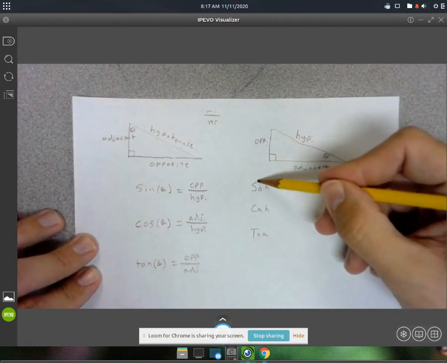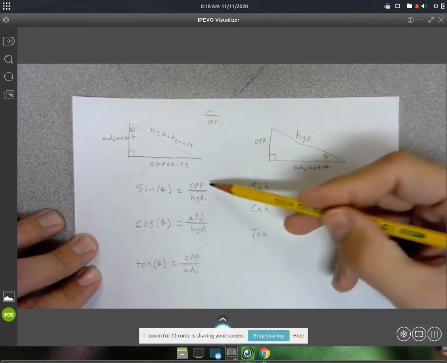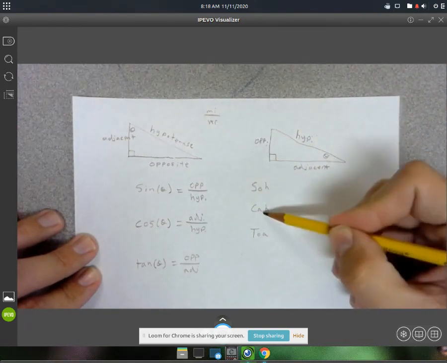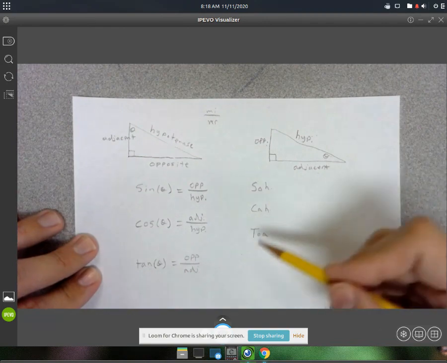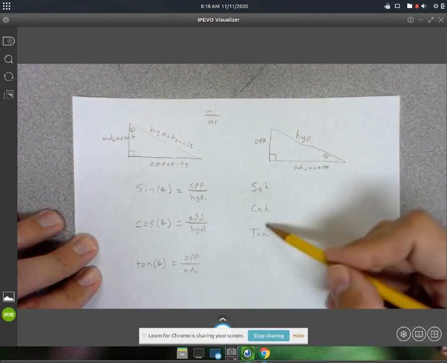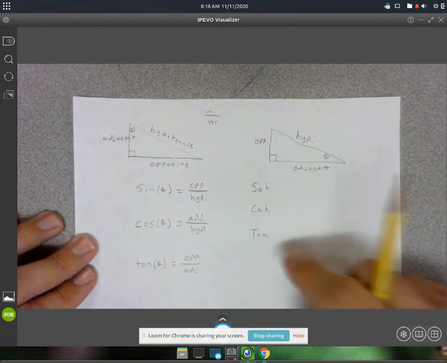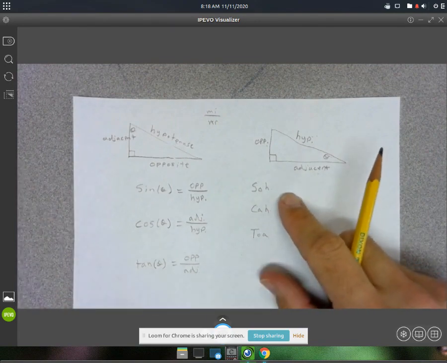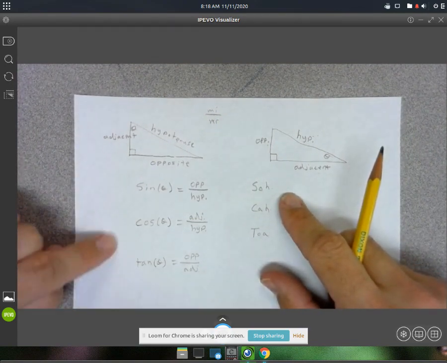Sine is opposite over hypotenuse. Cosine is adjacent over hypotenuse. And tangent, the TOA, is opposite over adjacent. That's the most common way people memorize these.